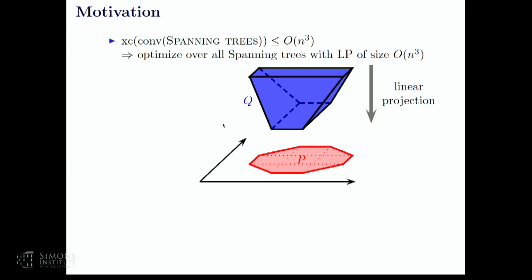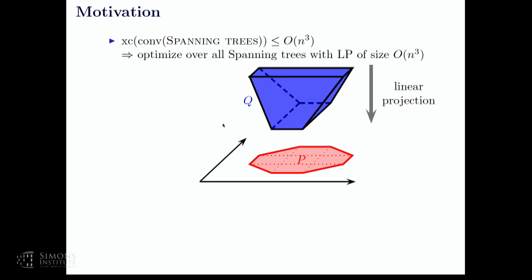Okay. So what's the motivation? Imagine you have the spanning tree polytope. The spanning tree polytope is the convex hull of the characteristic vectors of all the spanning trees in, let's say, a complete graph. Every one of those corners would correspond to one spanning tree. And imagine you want to use linear programming to optimize over that polytope to find the cheapest spanning tree. Then the problem is that this polytope has exponentially many constraints, and it also has exponentially many vertices.